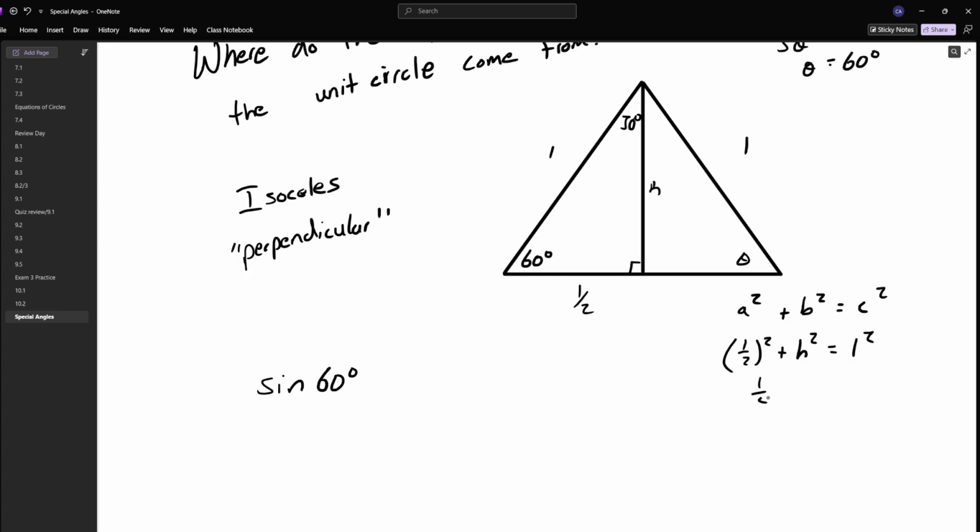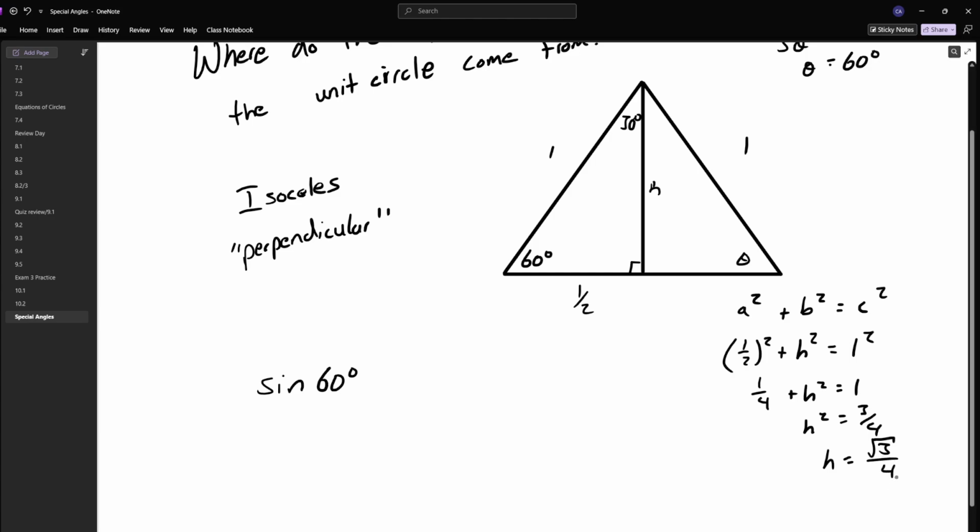So we have 1/4 plus h squared is 1, which means h squared is equal to 3/4, which means h is plus or minus the square root of 3 over the square root of 4, which is 2. For the sake of triangle lengths, I'm only going to consider the positive version. So this side right here is the square root of 3 over 2.